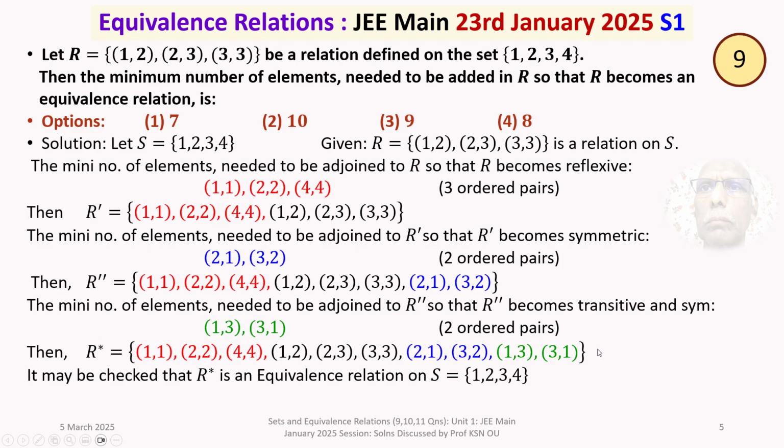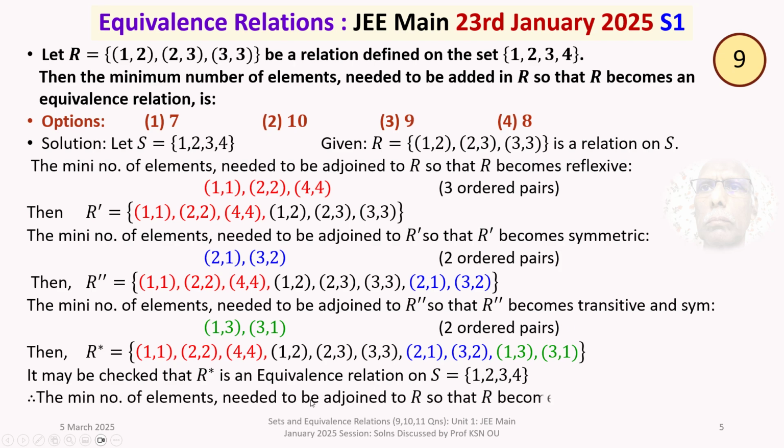How many ordered pairs have we adjoined? 3 plus 2 plus 2, that is 7. So the minimum number of ordered pairs needed to be adjoined to R so that R becomes an equivalence relation is 7. 7 ordered pairs is the minimum number.